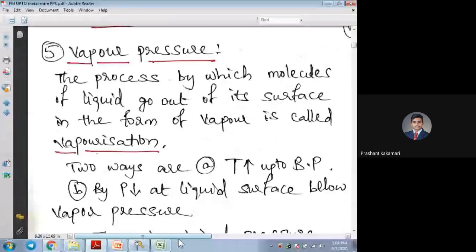One more way is at the same temperature, as you might have seen in nature, at the same temperature or very low pressures. What will happen? The surface of the water starts vaporizing, and it will produce some fog or vapor from the surface. You might have observed this in the morning time.